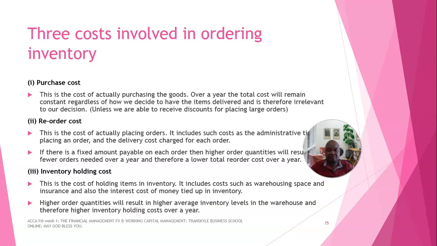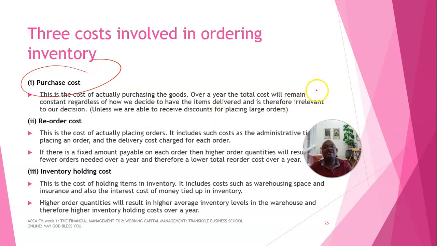Now, when we are talking of ordering inventories, there are three costs we have to think about. The first one is the purchase cost. This is the actual price which is going to be paid when you are procuring a product, the actual purchase price of the commodity. This price is usually not relevant in our computations unless it gives rise to some purchase discount.